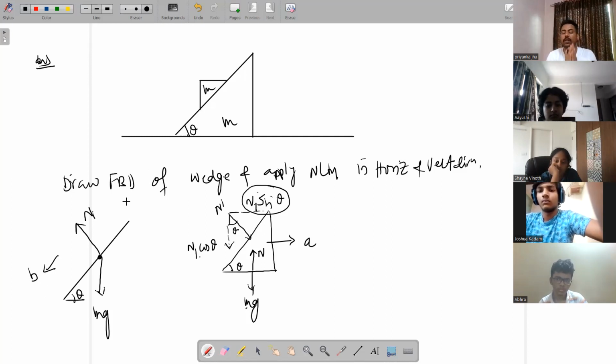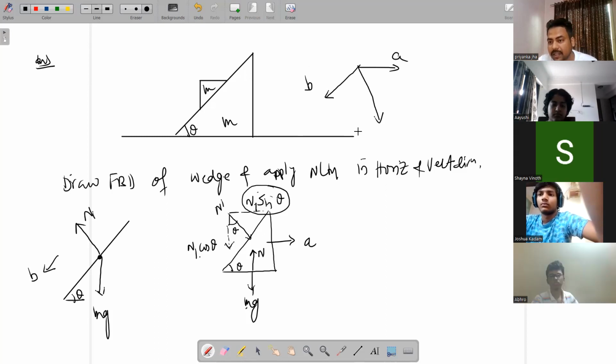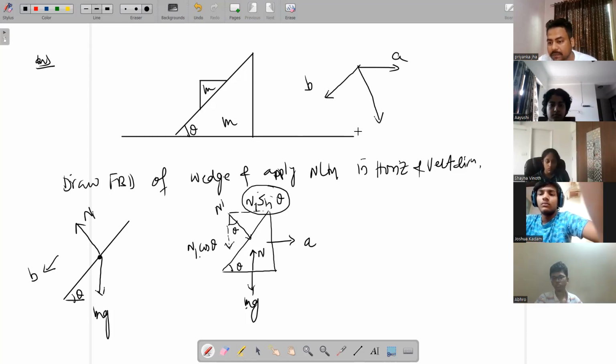Because if someone is sitting on the ground, that person will see that the wedge is going right, so the block will also go right with the same acceleration. And the block is also sliding down the wedge with some acceleration B. So the person sitting on the ground will see the net acceleration of this. Understood?